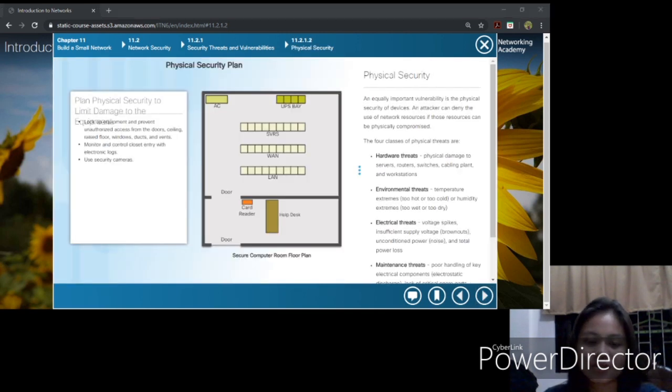Next is physical security, which is equally important. An attacker can deny the use of network resources if those resources can be physically compromised.